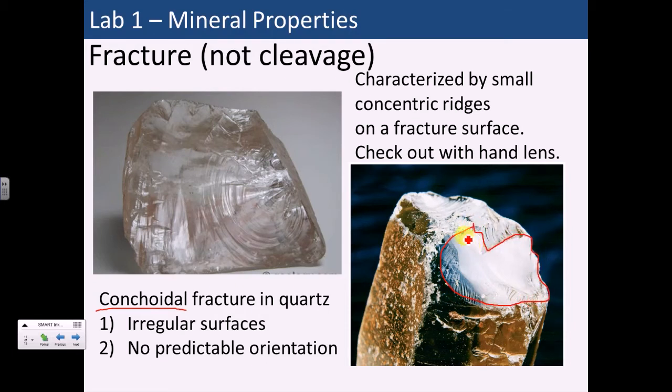I mean, this is not perfectly smooth, but it is very smooth and sort of spoon-shaped. This is another one that you can see right here that's spoon-shaped in nature. That's called conchoidal fracture, okay? And so it's best exhibited in minerals like obsidian, or sorry, rocks like obsidian.